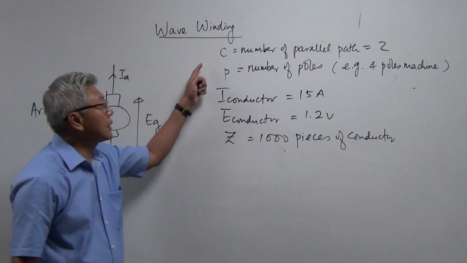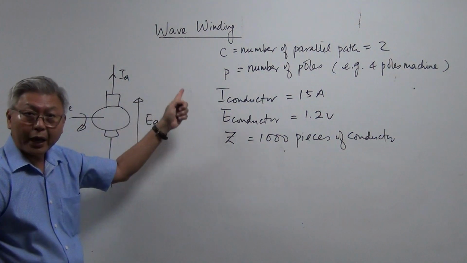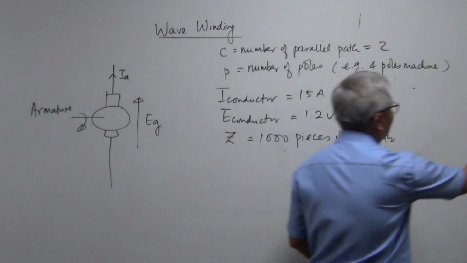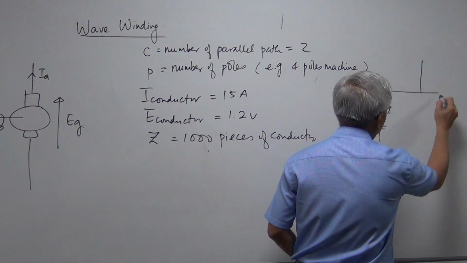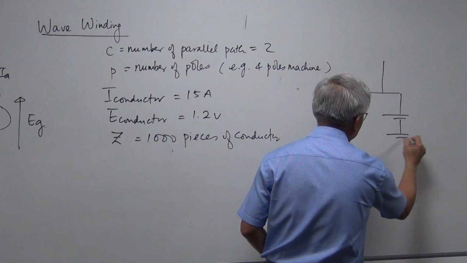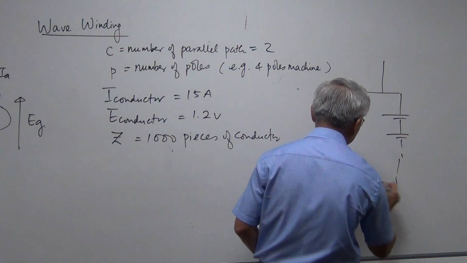So if it is wave winding, there are 2 parallel paths. If I were to draw the diagram, there will be 2 parallel paths, and each small battery here represents 1 conductor.